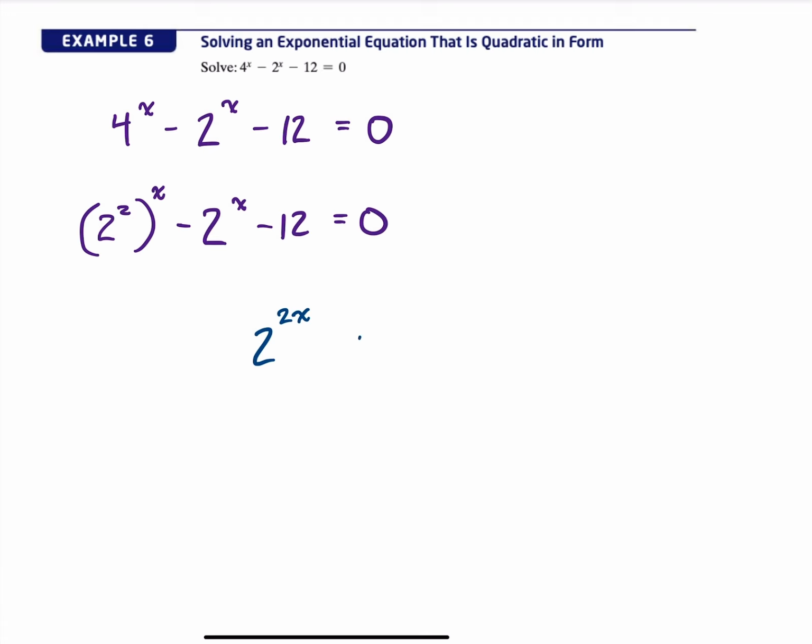Well, we can make that 2 to the power of x squared, because that would still give you 2x. It's a little bit tricky. You can swap the places of the exponents. So we can make this 2 to the power x squared minus 2 to the power x minus 12 equals 0.